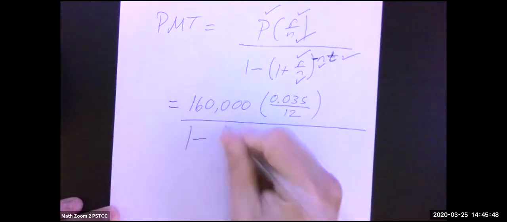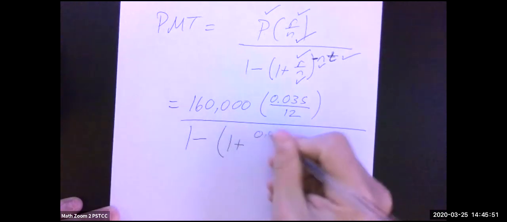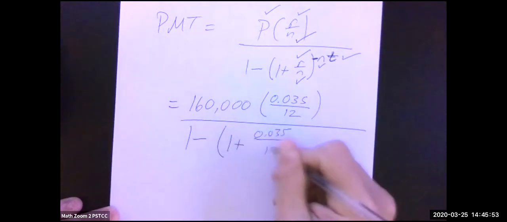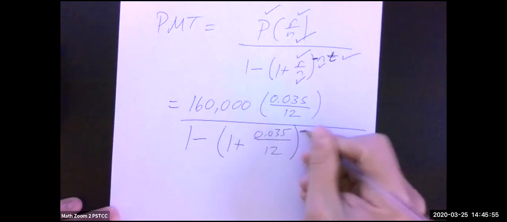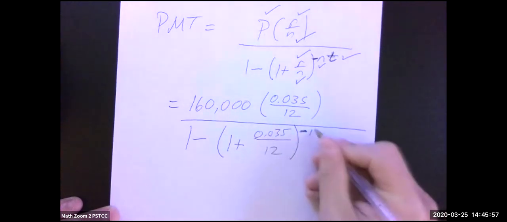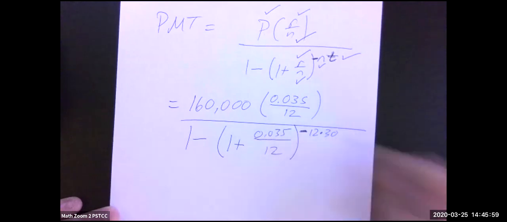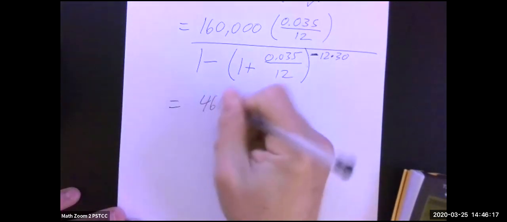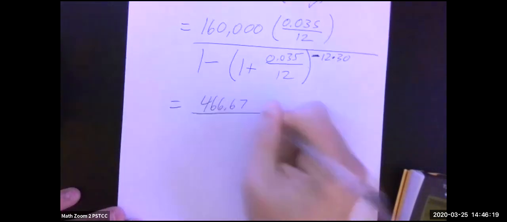Then 1 minus 1 plus 0.035 divided by 12, raised to the negative, don't forget the negative, 12 times 30. So in the numerator we have 466.67.